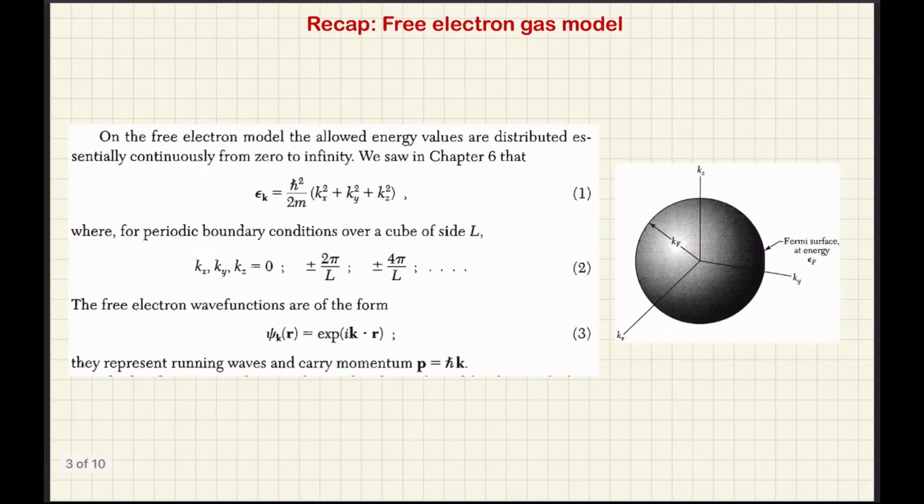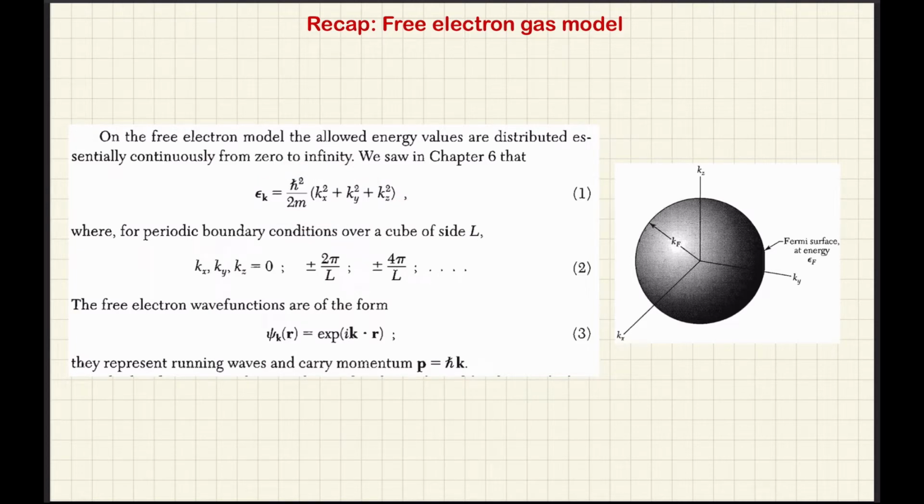Now let us recap the free electron gas model. For a single free electron with wave number k, having components x, y, z, the energy is given by h cross squared k squared by 2m.